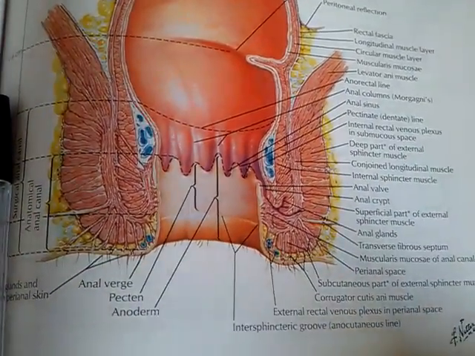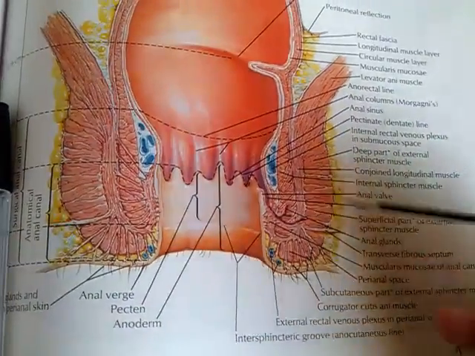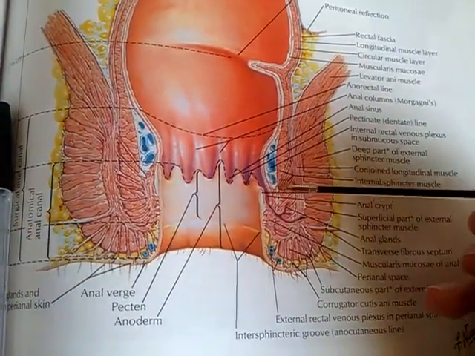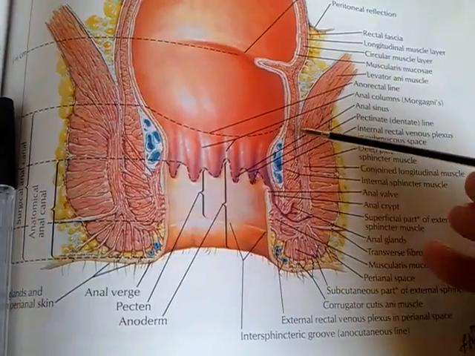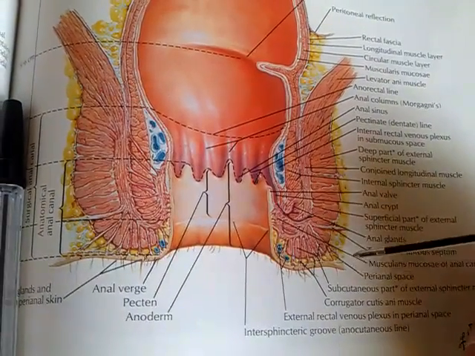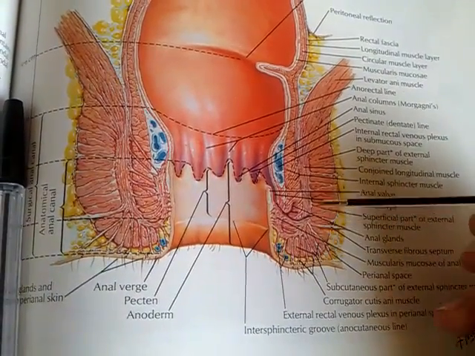The anal wall contains the involuntary sphincter ani internus muscle, and externally it is surrounded by the voluntary sphincter ani externus muscle.